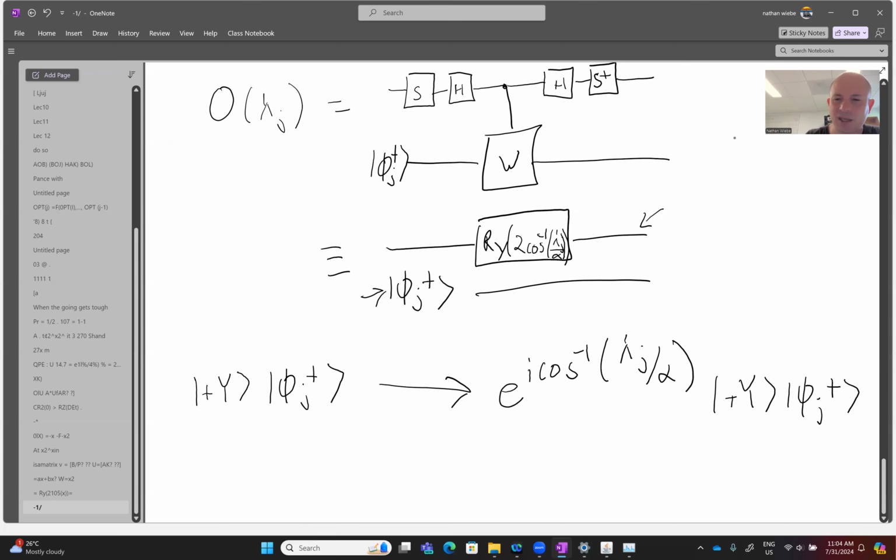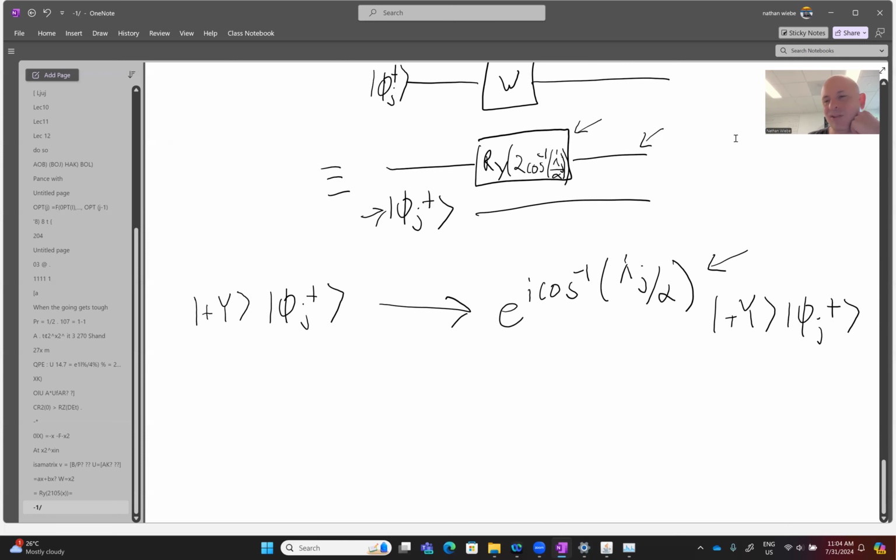And so if we manipulate this rotation up here to end up having a different eigenvalue, then I can use that in order to transform this eigenvalue. So in particular, what would I like to do?